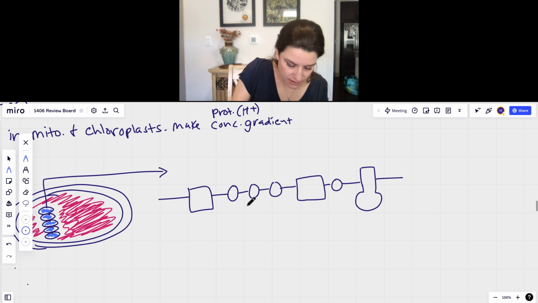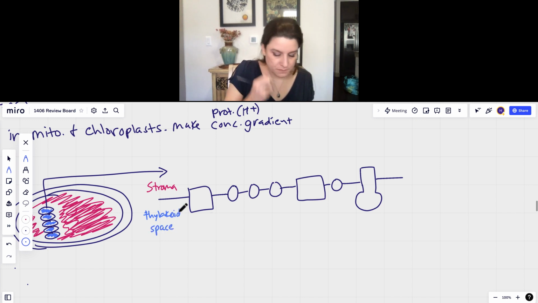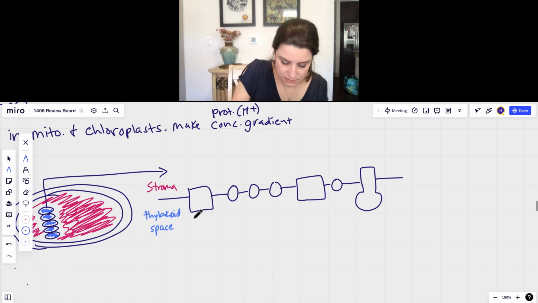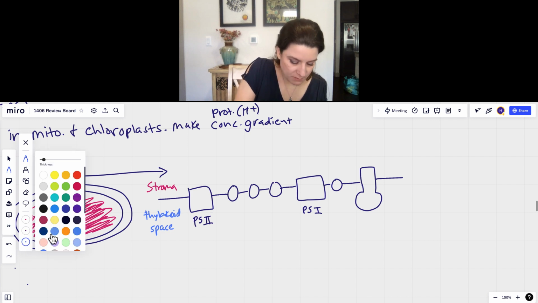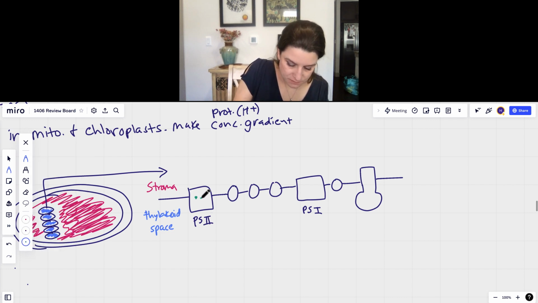This is the stroma out here, and this is the thylakoid space. Call it that. In here. Okay. Photosystem 2, photosystem 1. This is the part that has all the pigments in it. Captures the light.